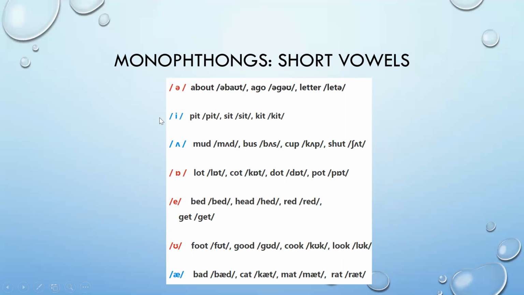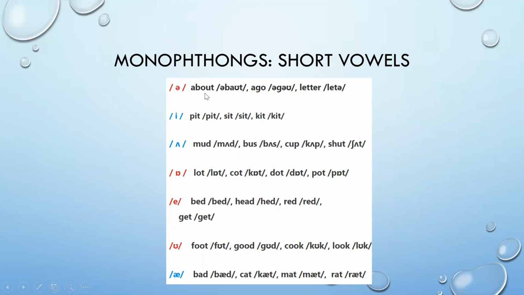So today let us see short vowels before we go to long vowels. Short vowels, the first one is the schwa, as in about. We don't stress it when we say about, it is really very less heard. The schwa sound is this inverted e, placed between two oblique symbols.